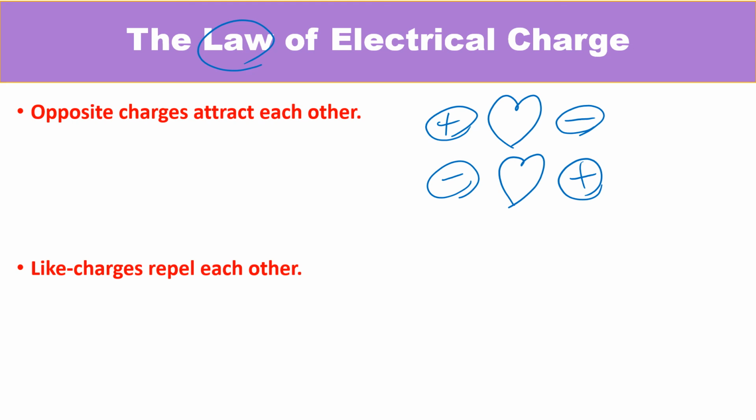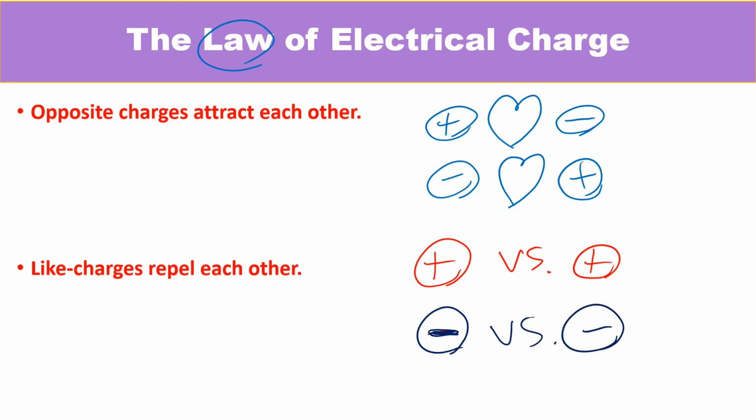On the other hand, like charges hate each other. And the same thing goes for negative also. That means if you think about the force, opposites try to be together. On the other hand, same charges try to go further away.